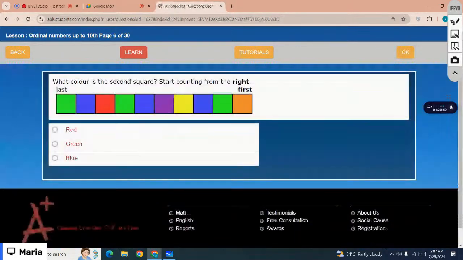What color is the second square, which is the correct option? Very good. Green it is. The correct option is green. The second square is green.